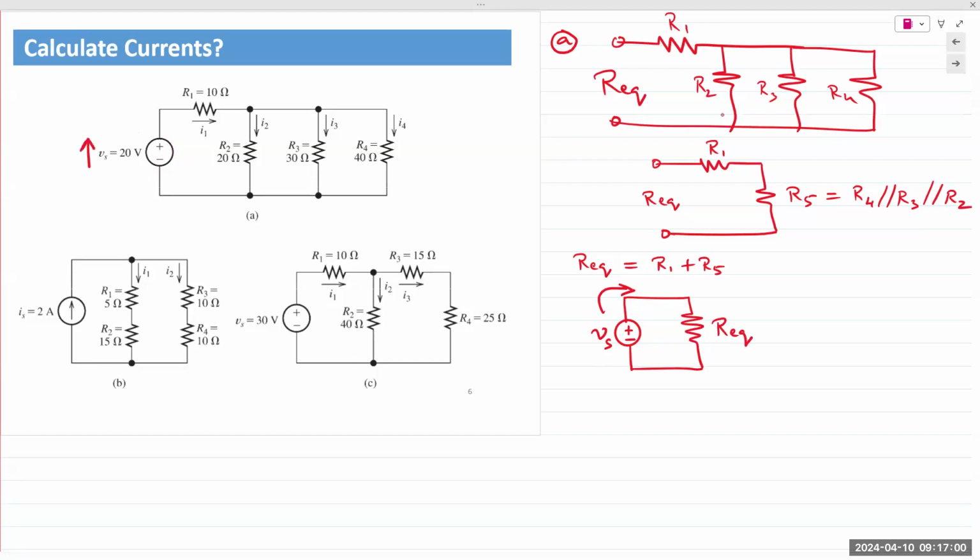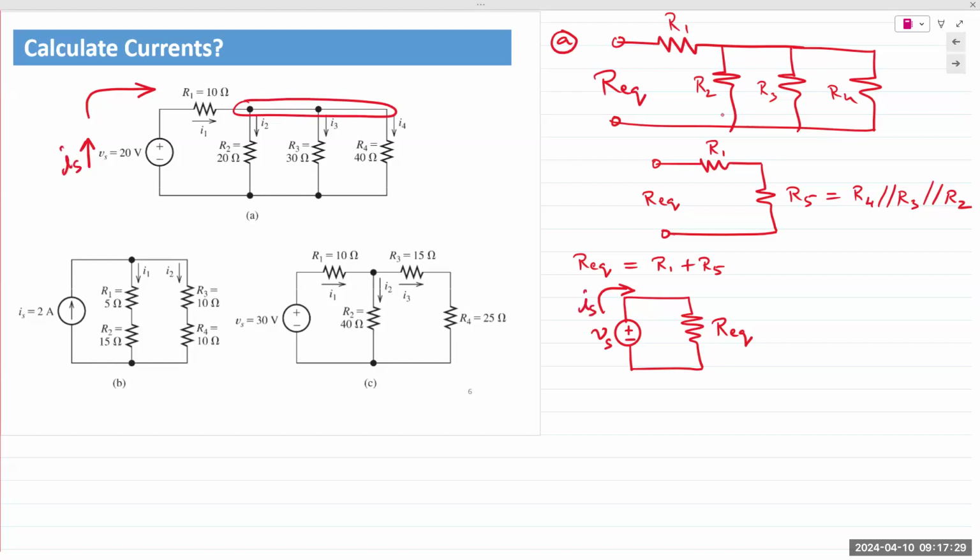current for a supply always goes from low to high, from minus to plus. So that current goes through R1. Whatever current the supply is sending out is flowing through R1, reaches the top node, and then it splits in three. So now the step after this would be to find the total current IS.